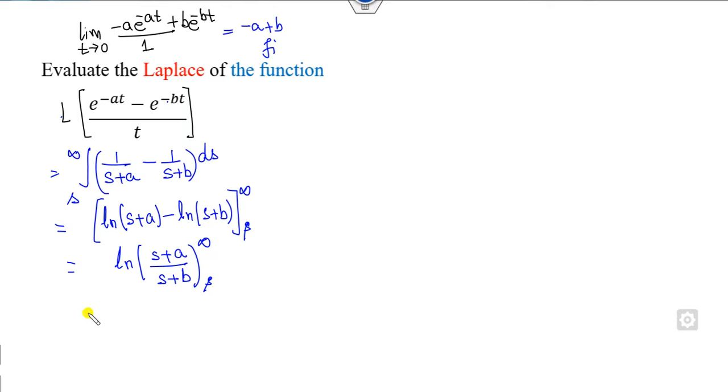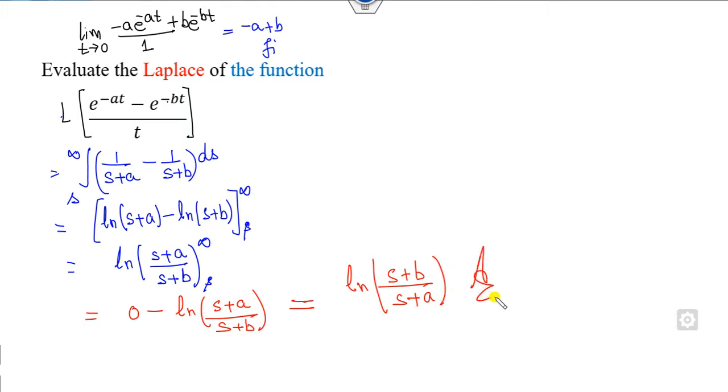When you substitute infinity, it is ln 1, that's a 0, and then ln of s plus a over s plus b. So I can adjust the negative sign. It is ln of s plus b over s plus a, which is the right answer of this problem.